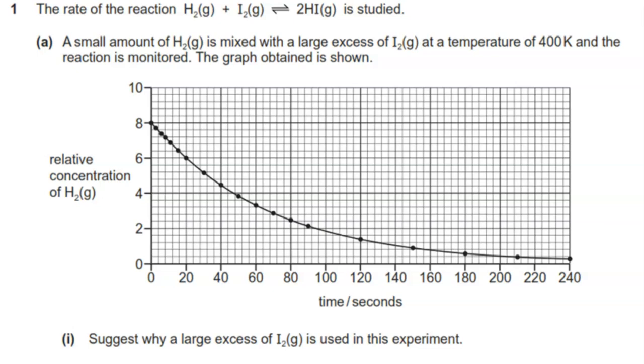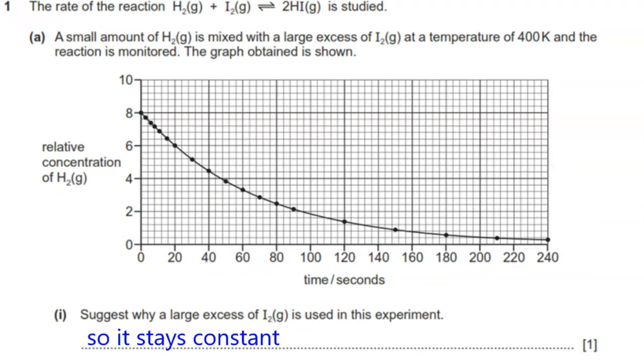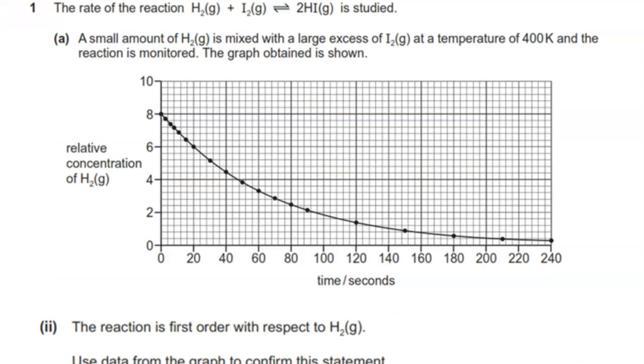As you know, when we take large excess, change in concentration of that substance is negligible as compared to the large excess present. So we take it because we want to make its concentration constant. So it stays constant.